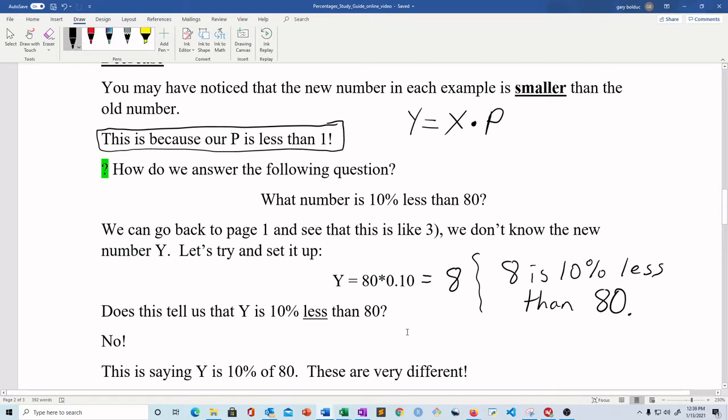I get that that's tricky because I'm changing, what, two words? But you've got to really pay attention to what's being asked here. I want what's 10% less than 80. This equation, if this is what you tried, gives me 10% of 80. And these two things, right, here and here, are not the same.